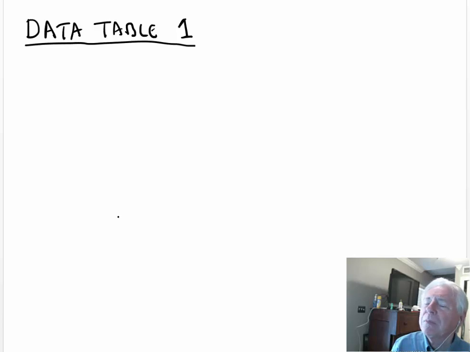So data table 1, and I never used to put down trial, but again, with experience, when you get data that's interesting, and by and large, when you're doing new stuff, it is interesting, stuff happens you don't expect.